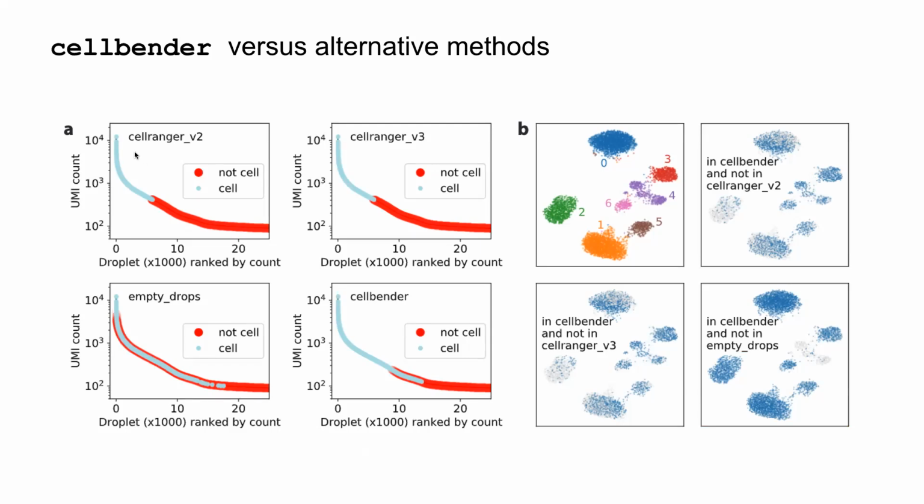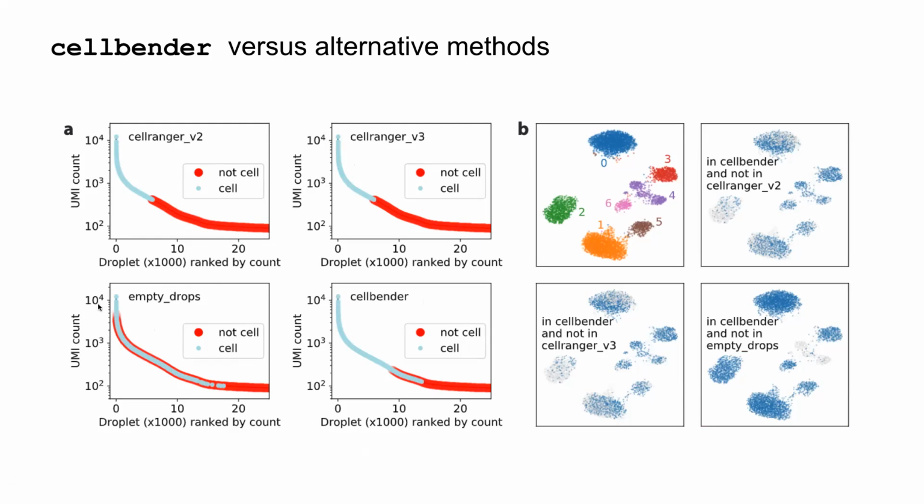They're showing these different knee plots: the Cell Ranger V2, Cell Ranger V3, EmptyDrops, and Cellbender. Right off the bat, you can see there's not much overlap between the cell in gray versus not a cell in red for both Cell Ranger V2 and V3. I think by now they're on Cell Ranger V6 or so, so they might have a more sophisticated way of doing this now.